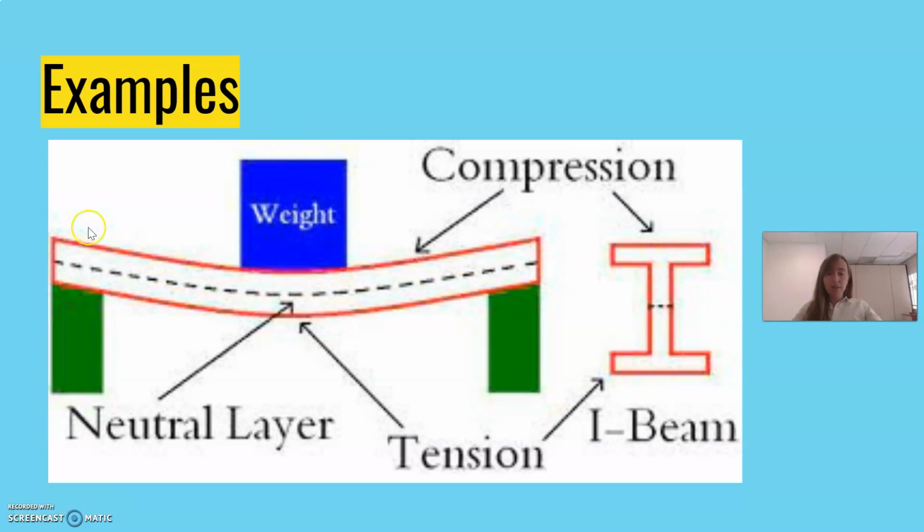So while that weight is going down, the top of this is experiencing compression because those sides are pushing together. And then the bottom is being stretched out as a result of the tension there. So overall, this is a bending force, and we can see that there is both compression up here and tension down here.